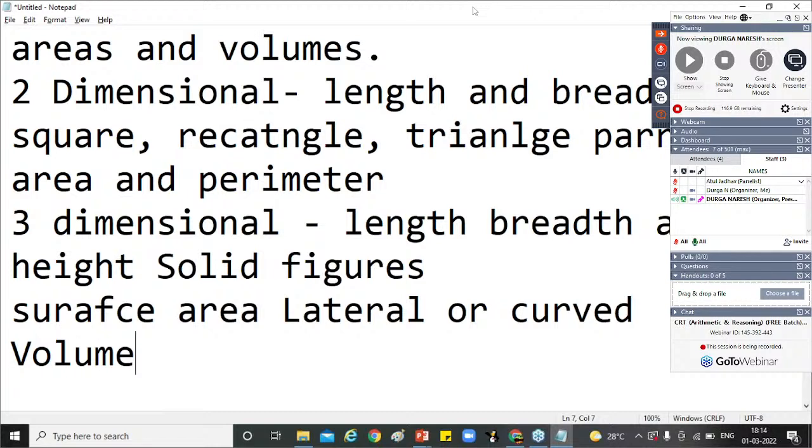Mensuration deals with areas and volumes. Okay.